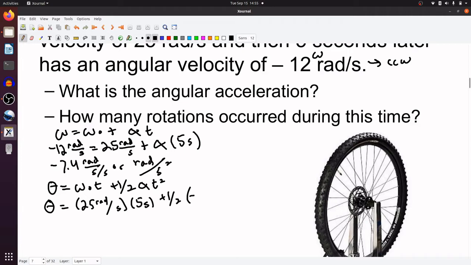Plus 1/2 of a negative 7.4 radians per second squared times 5 seconds squared. All right, plugging it in. That gives me 25 times 5 plus 0.5 times negative 7.4 times 25, which gives me a positive 32.5 radians.